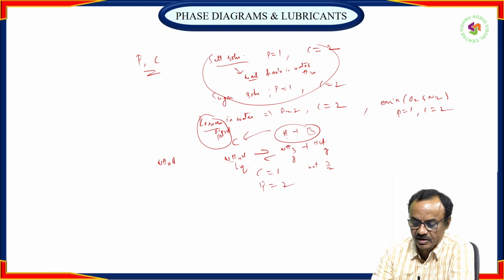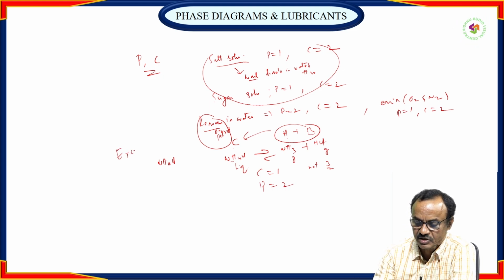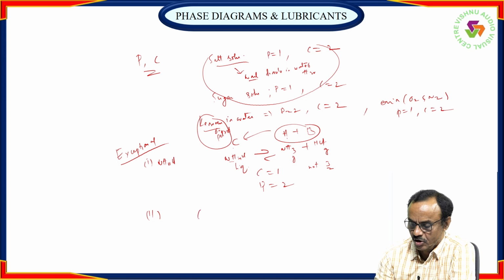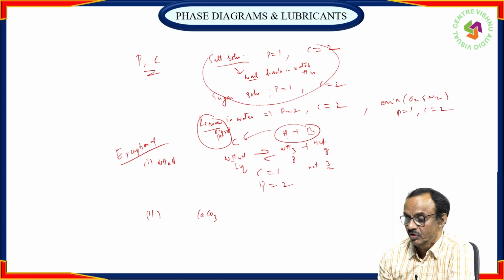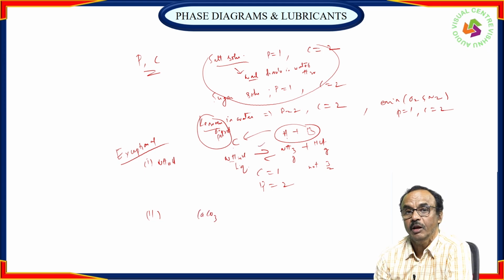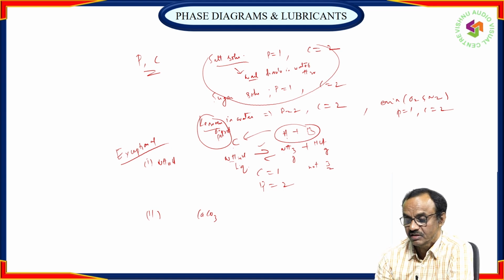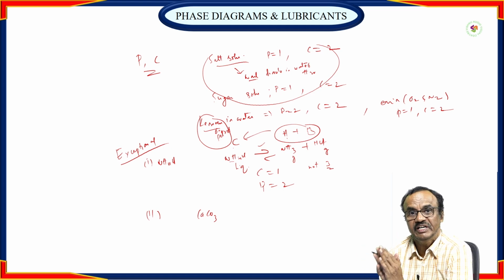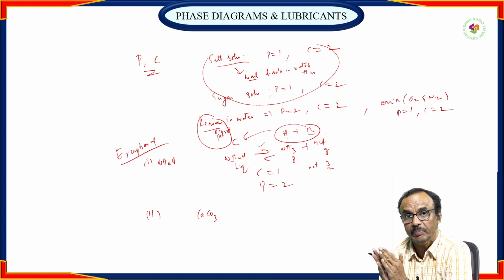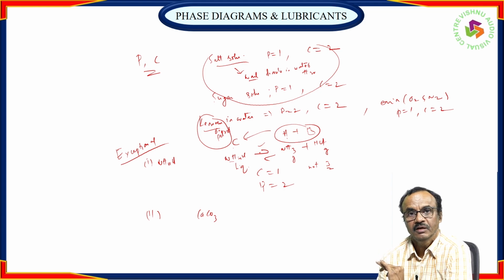So, another exceptional case. Some examples: 1. Ammonium chloride. 2. Calcium carbonate. When they attain dynamic equilibrium, it means these conversions can happen in a closed system. It should be detached from the surroundings. Then only is it possible to get dynamic equilibrium, right?